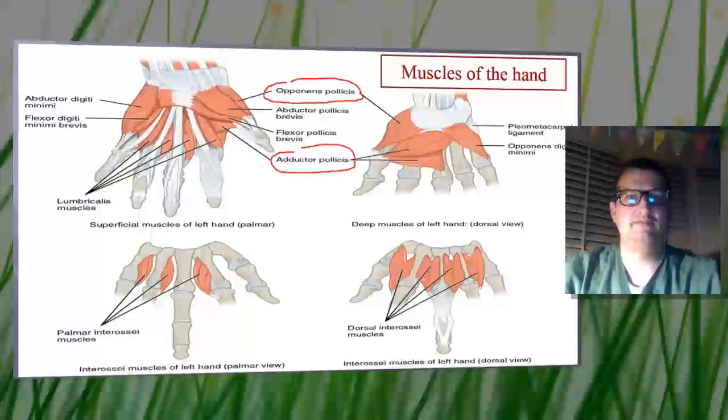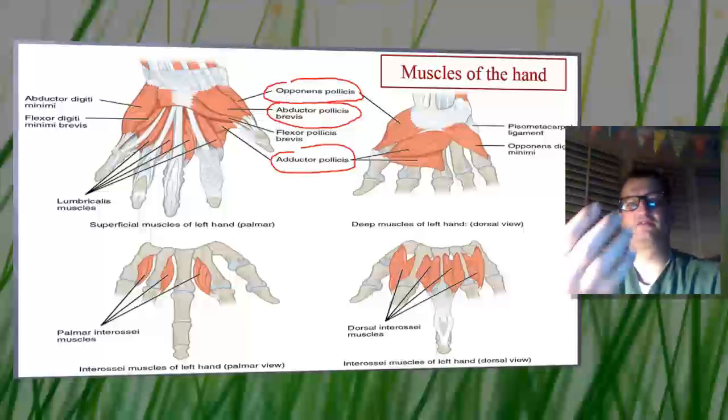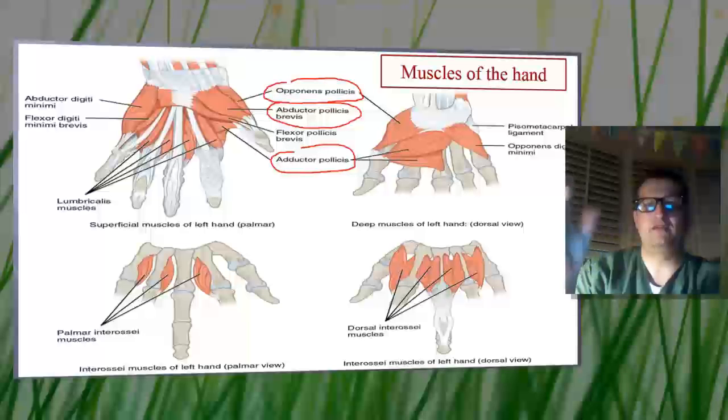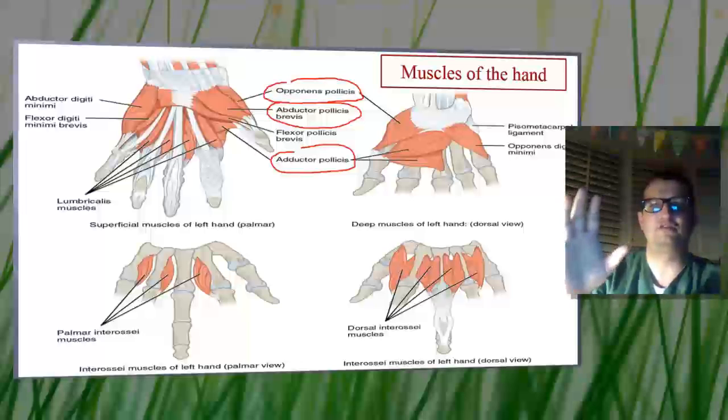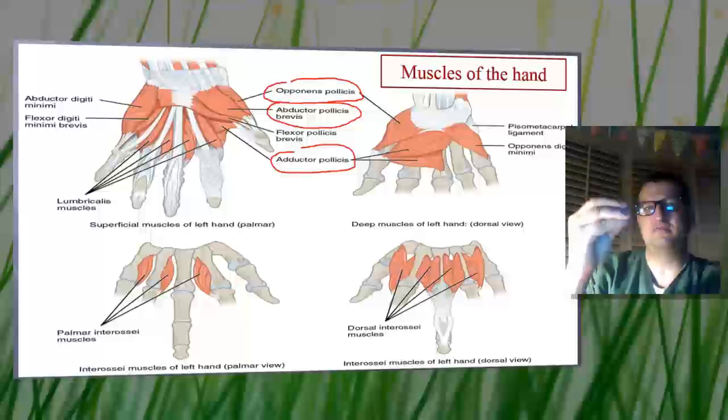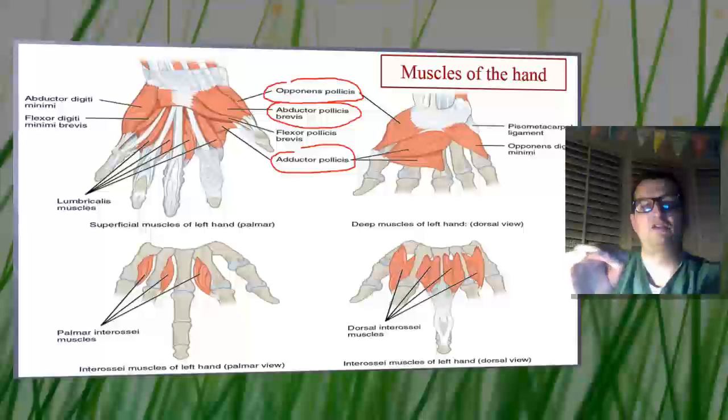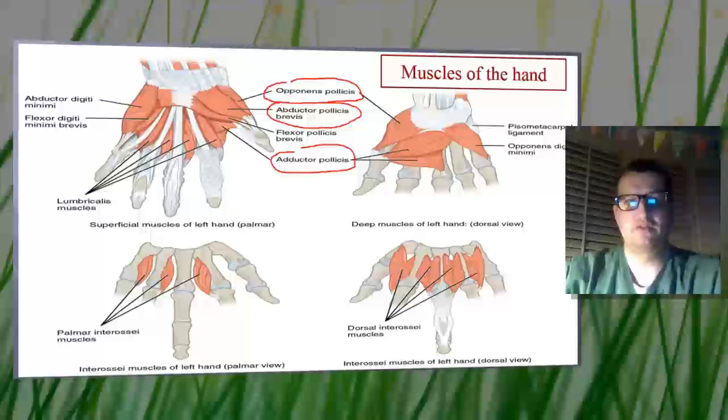The reason that these three are important is because they allow us to oppose the thumb with the digits, and that is a unique feature of human beings, for an enormous amount of dexterity with digits to perform very highly coordinated and very complex maneuvers with the hands. And so really it's these three muscles that are important.